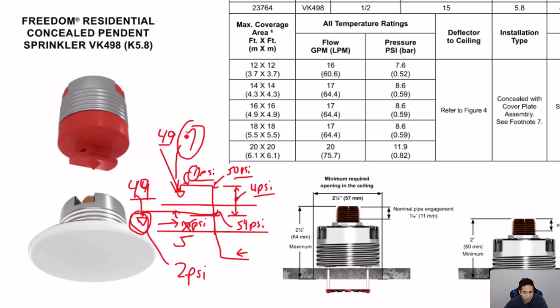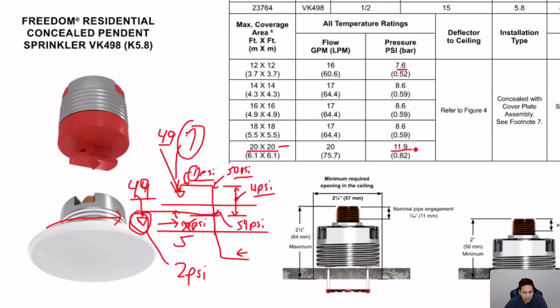So if you need a minimum of, let's say, 7.6 psi for both of them, that means that either one can be considered the most demanding sprinkler head that would be used in your hydraulic calculations. But let's say this sprinkler head here was for a large room that was 20 by 20, and you needed this sprinkler head to throw that 20 by 20.